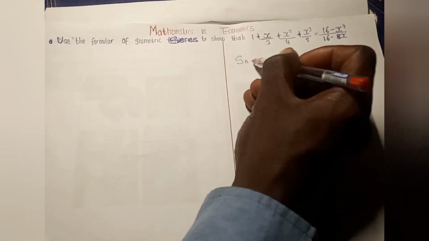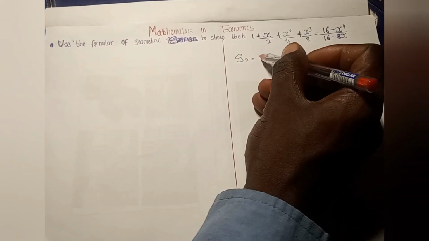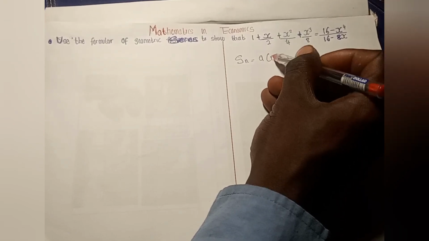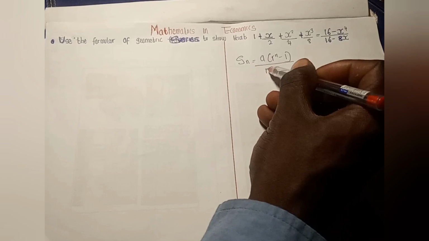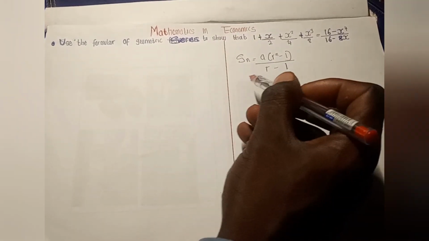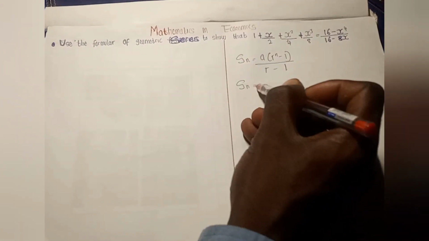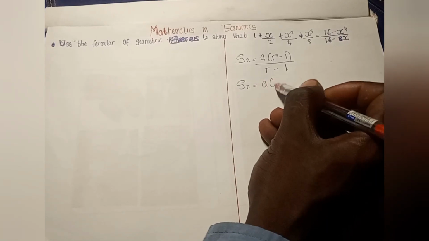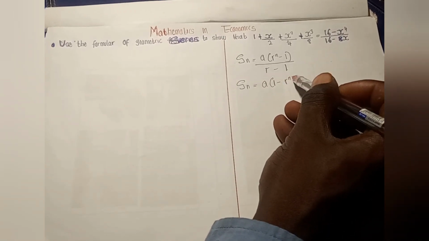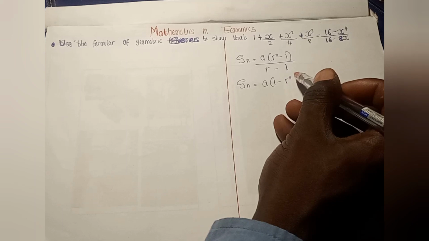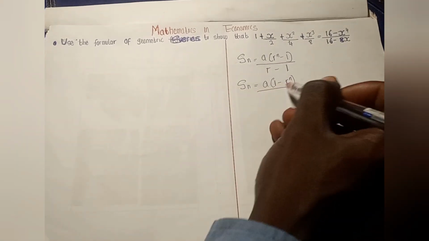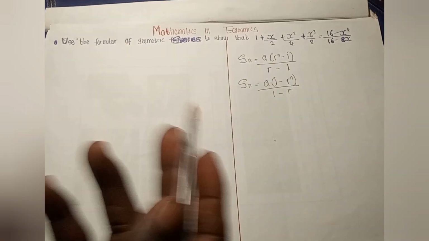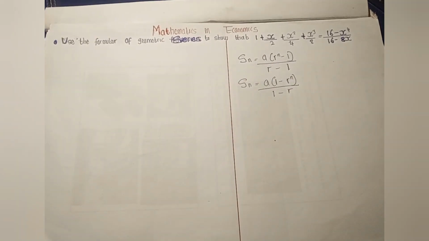We have Sn equals a into bracket r raised to power n minus 1, over r minus 1. And we have another one, which is Sn equals a into bracket 1 minus r raised to power n, over 1 minus r. These are the two formulas that we use in solving for the sum of the nth term of a geometric series.